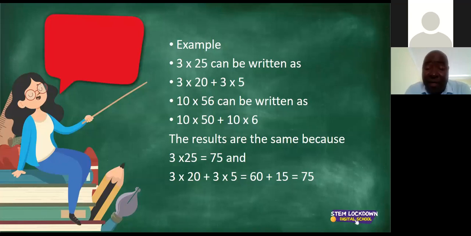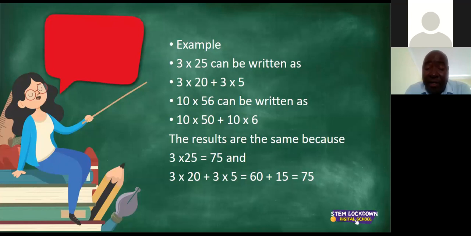And when you use the distribution method as well, to have 3 multiplied by 20 plus 3 multiplied by 5, you can see that 3 times 20 is 60, and 3 times 5 is 15. And when you add 60 and 15, you get the correct answer, which is 75.